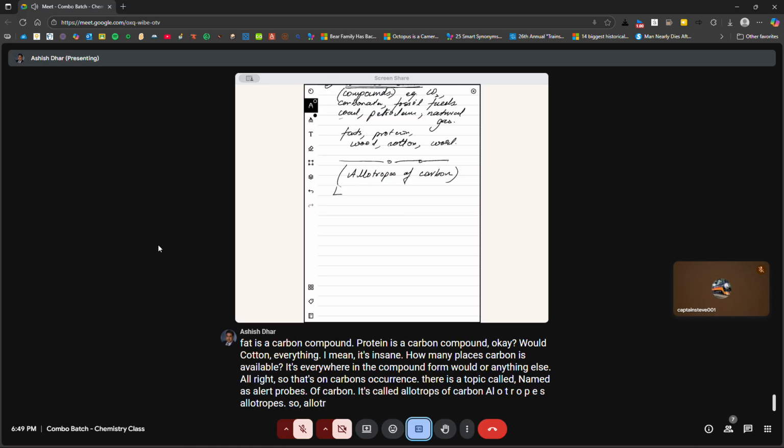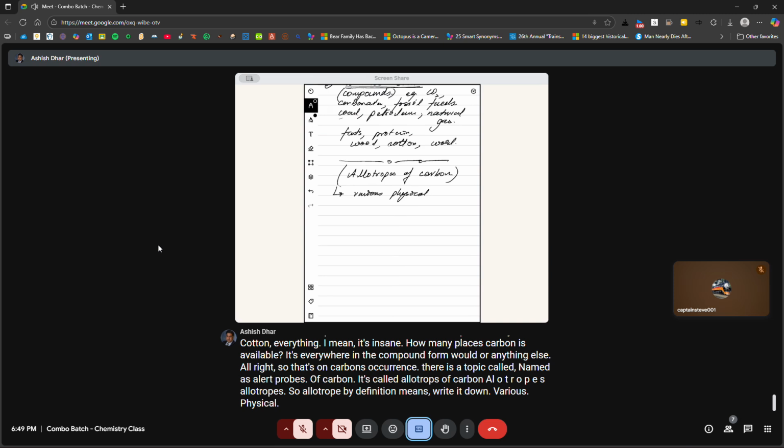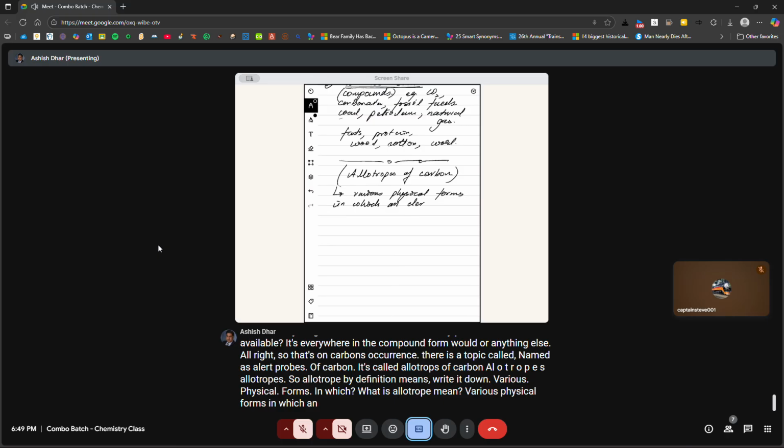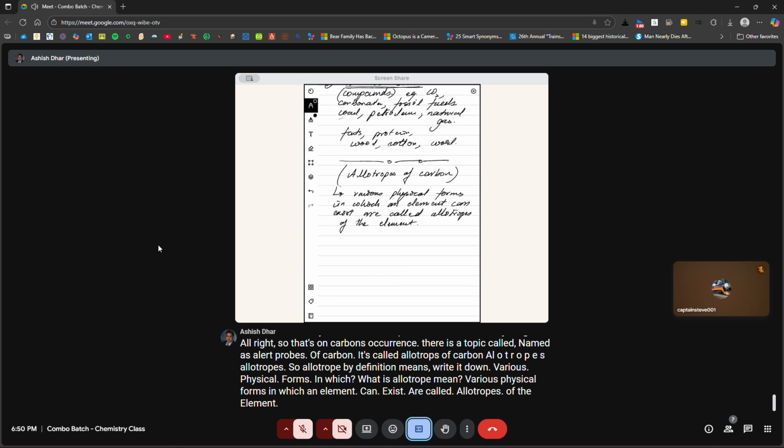So allotrope by definition means, write it down, various physical forms in which an element can exist are called allotropes of the element.